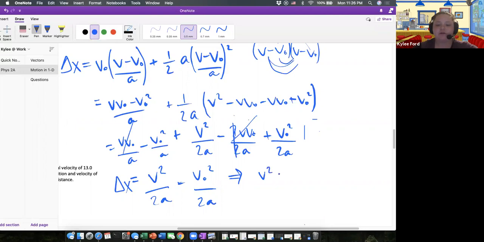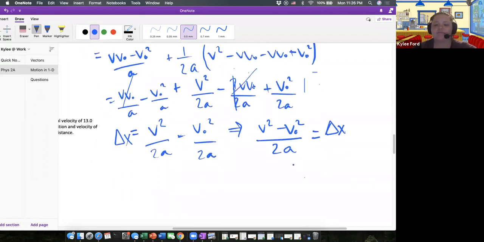So we have v squared minus v naught squared, all of that over 2a equals delta x. We want to move this guy over. So we end up with v squared minus v naught squared equals 2a delta x.